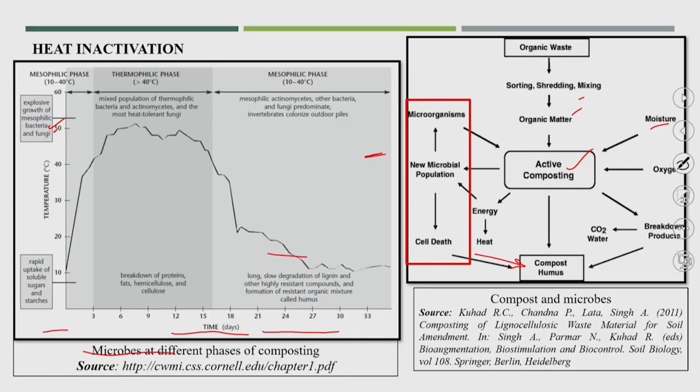After that comes the thermophilic temperature, where a mixed population of thermophilic bacteria, actinomycetes and the most heat tolerant fungi work. So, these are the 3 major microbes, which I am going to talk about in the next slides.